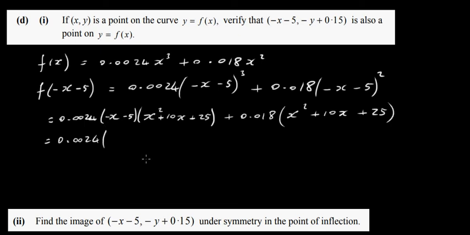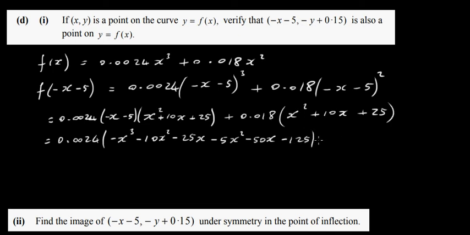And what you get when you multiply all that out is minus x cubed, that's minus x times x squared, minus x times plus 10x is minus 10x squared. You get minus 25x. Now I'm going to multiply by the minus 5 across here, so you get minus 5x squared, you get minus 50x, and then finally the minus 5 by the plus 25 is minus 125.